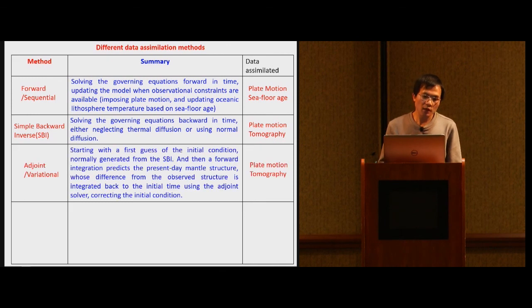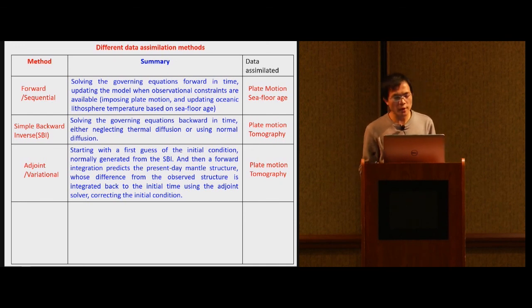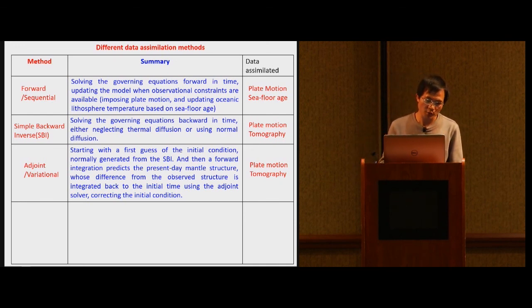Another method is called adjoint or variational data assimilation. This method tries to solve the initial condition problem, and it is better than a simple backward inverse. In philosophy, the process for this method is we have a first guess on the initial condition, and we run the governing equation forward in time to get a prediction for the present day.